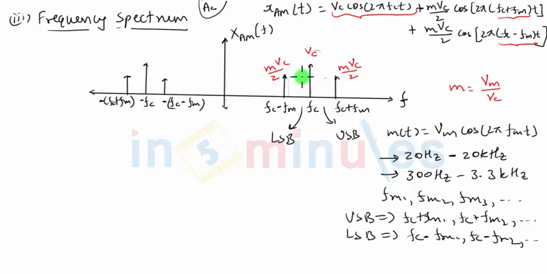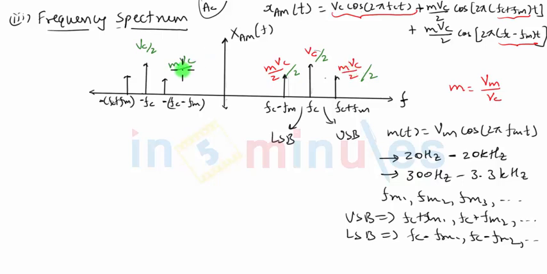Now, when we show the two-sided representation, I cannot keep the same amplitude on each frequency. If I'm showing the two-sided representation, then I'll have to reduce the amplitude by 2. So this will become Vc by 2, and the side frequencies will become mVc by 4, and this is also mVc by 4. The extra amplitude will be shown on the negative frequency side.